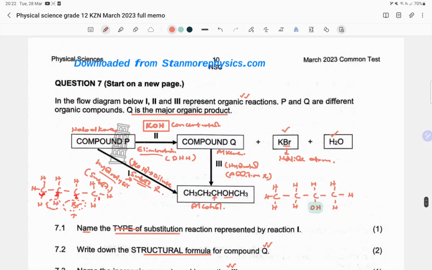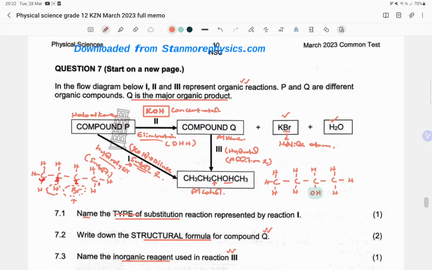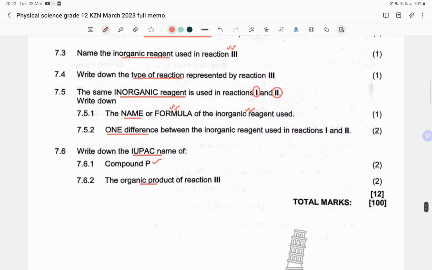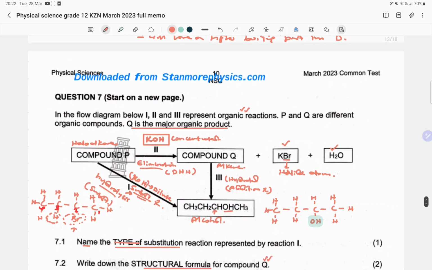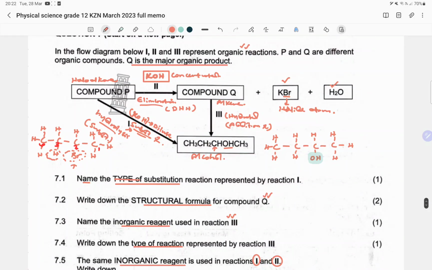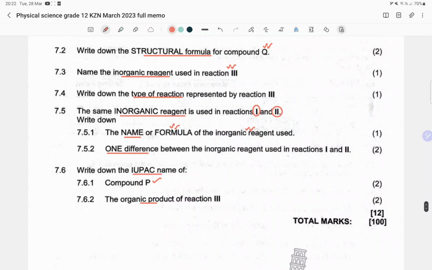Now let's do the inorganic product of reaction 3. So what is the inorganic product of reaction 3? What happens when we add the things in there? Remember, we just take water there and add it there, or the organic product of reaction 3. Yeah, when that is now, we want the IUPAC name.